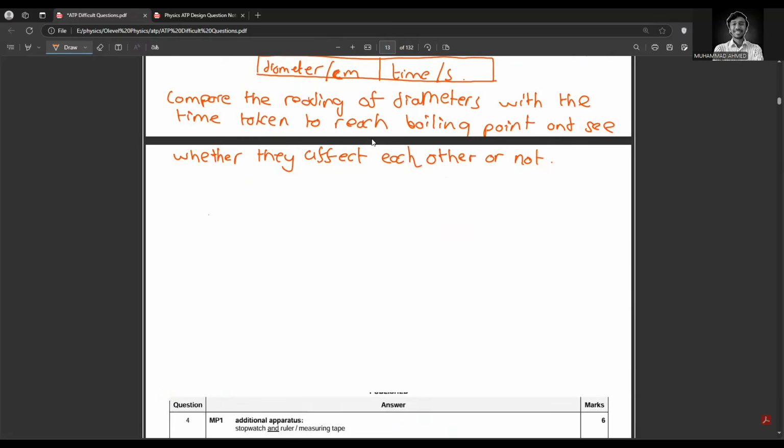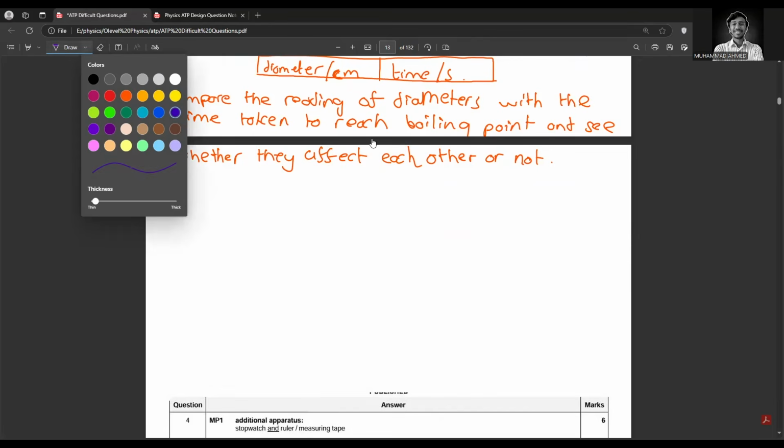But if you are really aiming for that distinction, or if you are really aiming for that A star, you can write one additional point here.